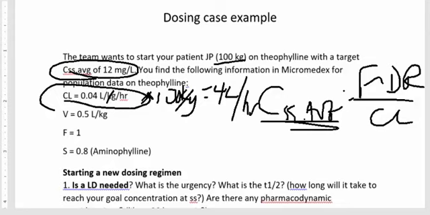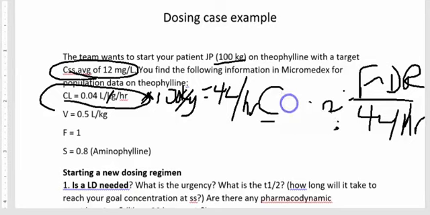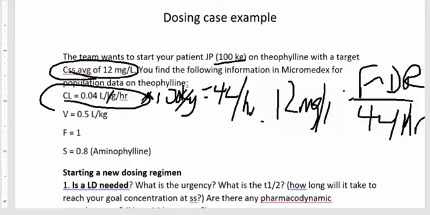So then we can come in and replace our clearance with 4 liters per hour. And we also know what our CSS average is going to be, right? Our CSS average, what we're targeting, is 12 milligrams per liter.